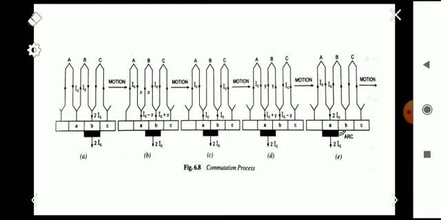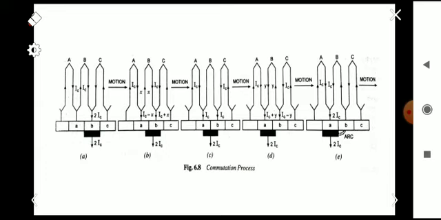In the next figure the brush is fully connected to commutator bar A alone, not to bar B. So current from coil A and current from coil B, IC plus IC, the resultant current 2IC, will flow through commutator bar A and brush to the external circuit.